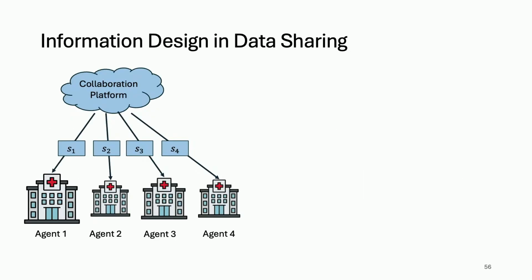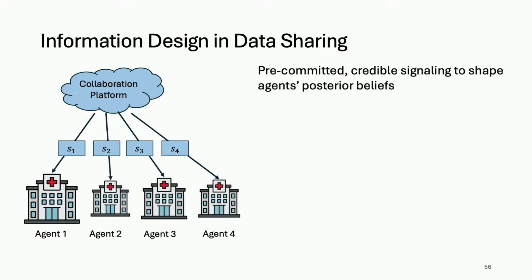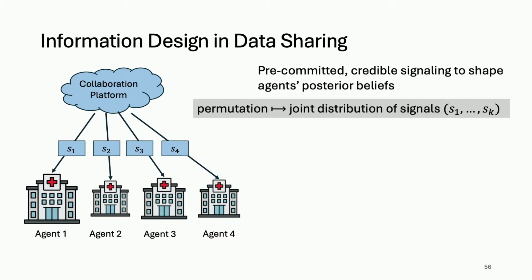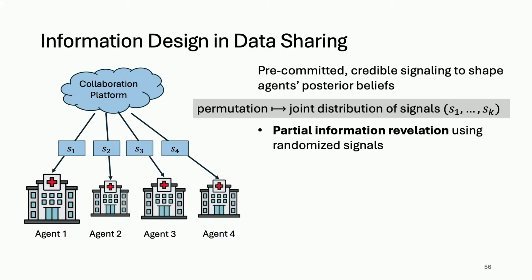And then we can design a signaling scheme using Bayesian persuasion. The platform has a pre-committed, credible signaling scheme to shape agents' posterior beliefs. This signaling scheme will map every permutation to a joint distribution over the signals.